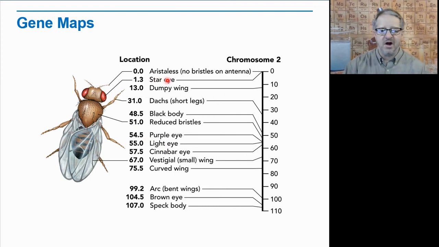Well, if you look at the star eye, which is located at 1.3, and you look at dumpy wing, which is right next, which is actually at 13, they would likely be inherited together because these genes are so close together on the chromosome. So the chance that crossing over would separate them is smaller.